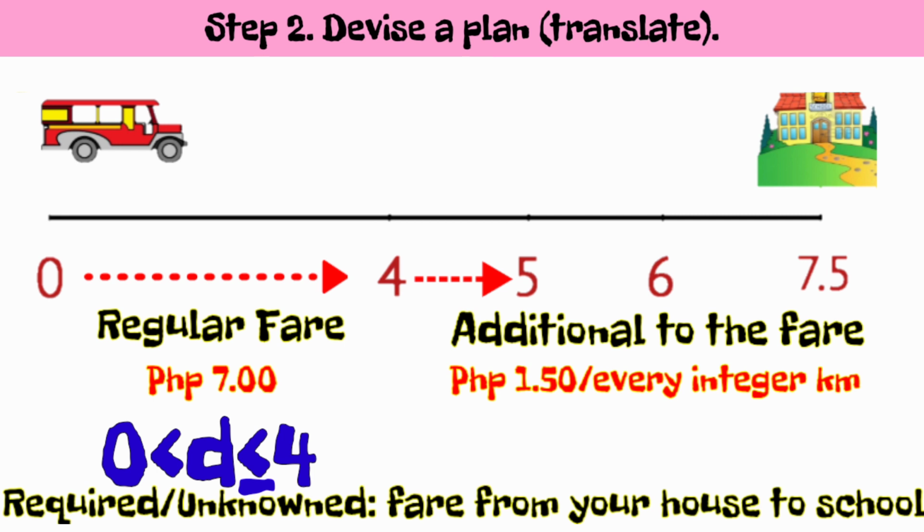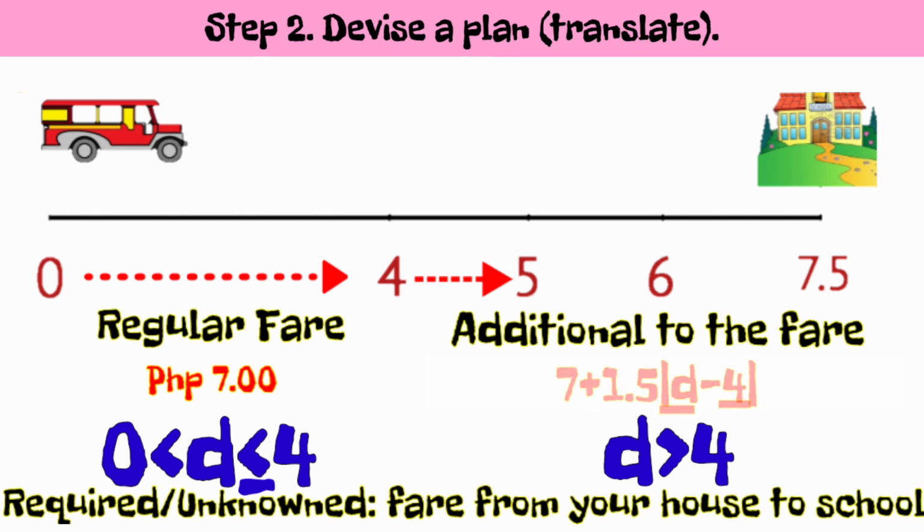But when the distance is beyond 4 kilometers, or when d is greater than 4, the fare can be translated mathematically to 7 plus 1.5 times the floor of d minus 4. Since we are going to consider only the integer kilometers, we have a special function for that, and we call it the floor function.